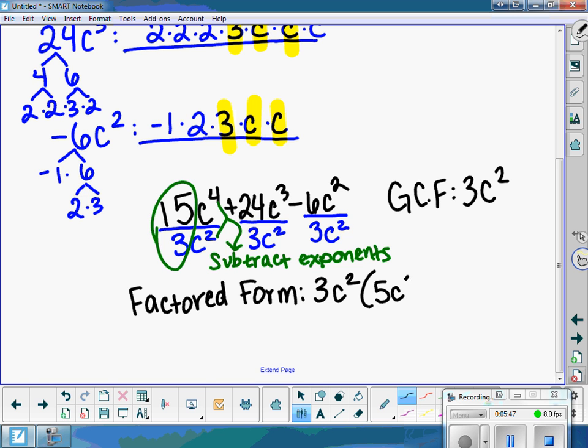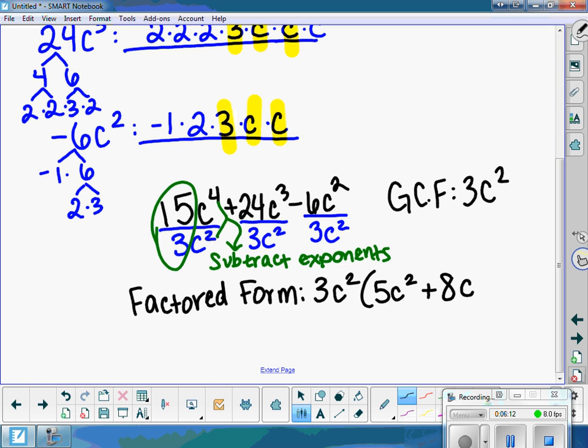So we have 5c squared here. Do the same thing with 24c to the third. We divide those numbers, 24 divided by 3. That gives us a positive 8. You subtract those exponents, 3 minus 2. That's c to the first. And we don't have to write the exponent of 1.